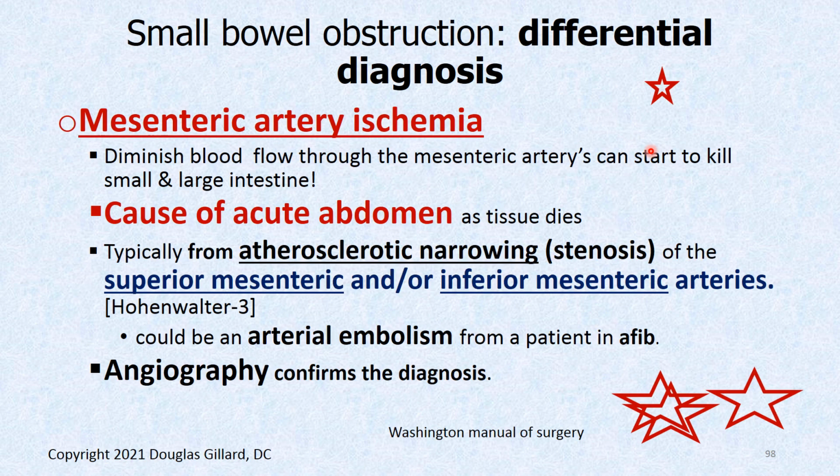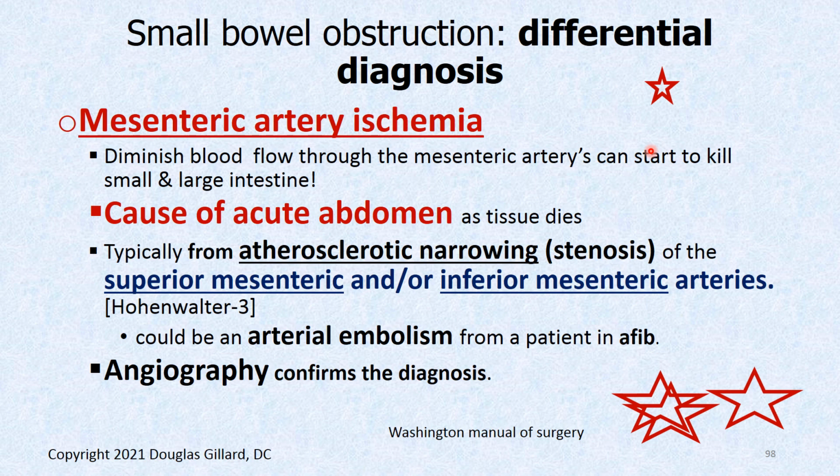There are some differential diagnoses. Mesenteric artery, superior or inferior mesenteric artery ischemia. What if you get a blood clot and it blocks the superior mesenteric artery? Right? Remember how it supplies all the intestines, the ascending colon.